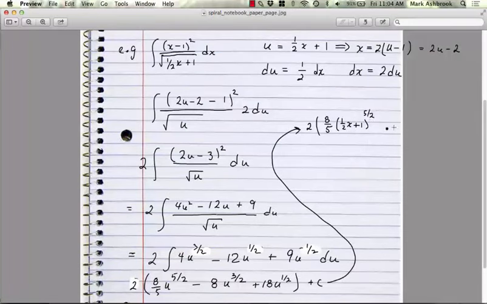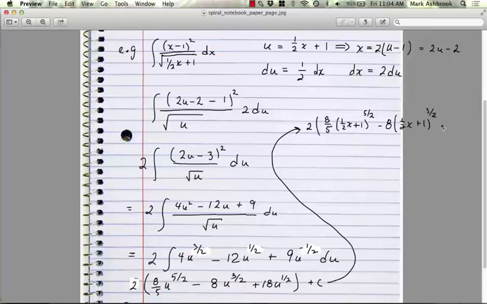Good, keep going. Minus 8 times 1/2 x plus 1 to the 3/2.